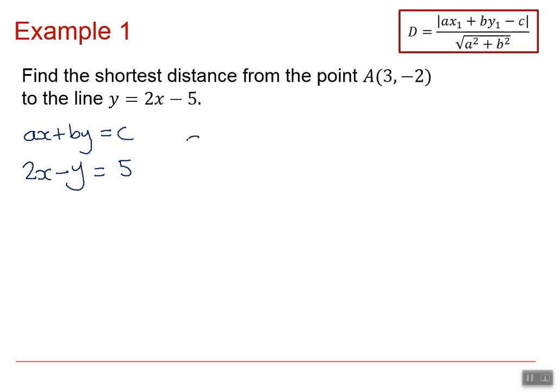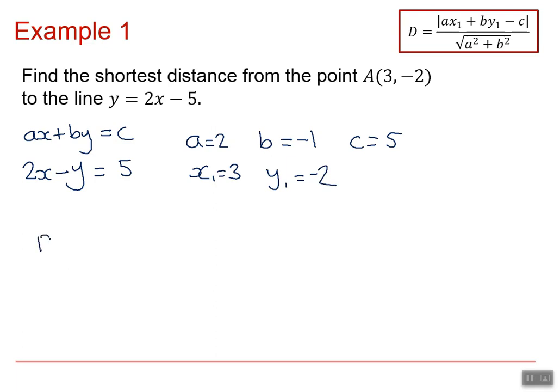And now we can find each of our values. So a is 2, b is minus 1, c is 5, and x1 is 3, and y1 is minus 2.